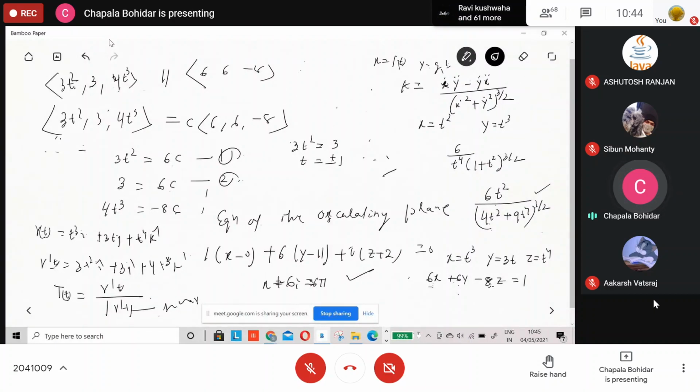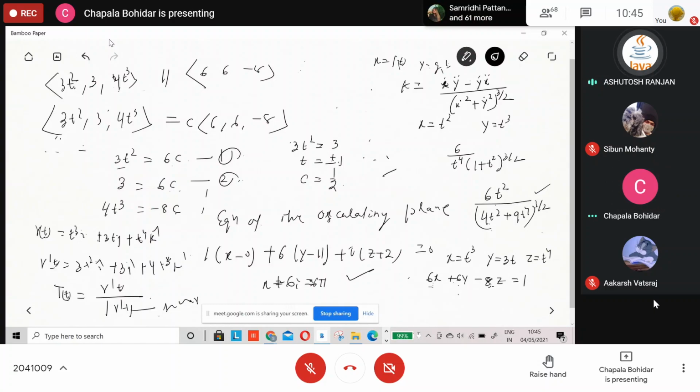So when the value of t is equal to plus minus 1, by considering plus 1, the value of c is equal to 3 divided by 6, so c is equal to 1 by 2. It satisfies these two equations. If you consider minus 1 or plus 1, it satisfies these two equations.